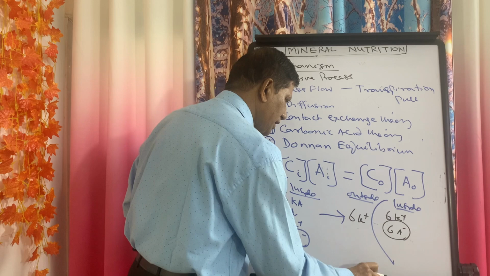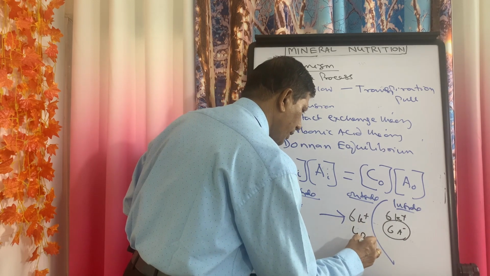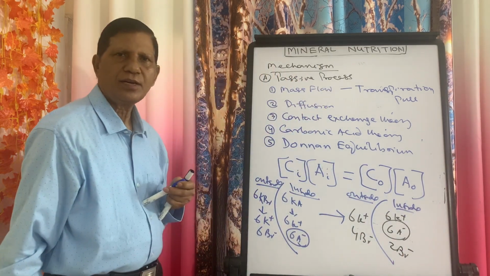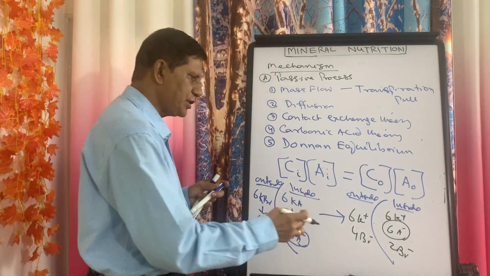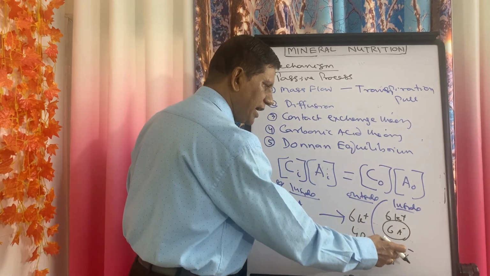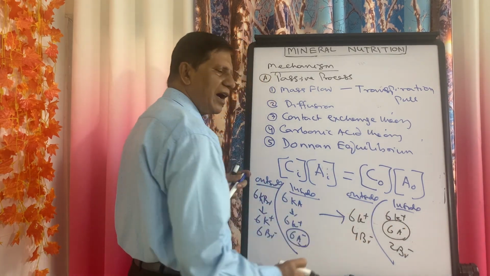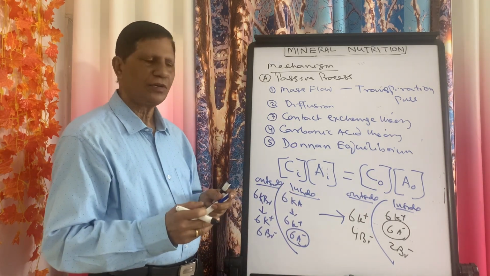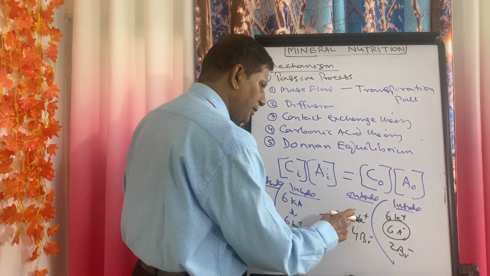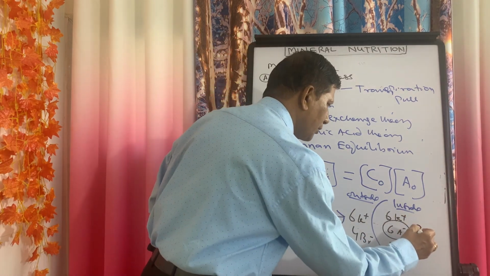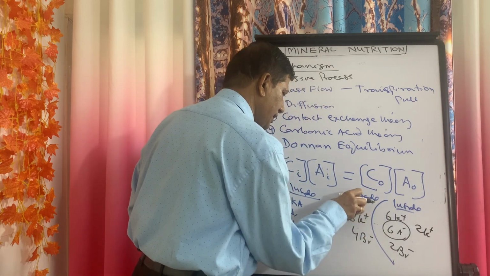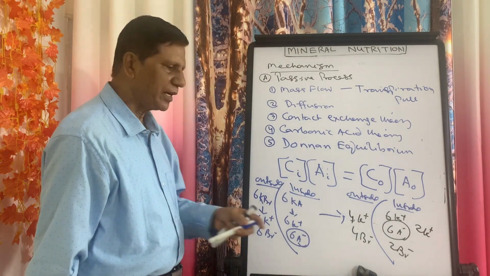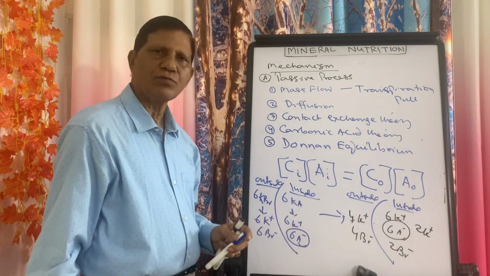But out of these 6 molecules, suppose 4 bromine molecules will be there and 2 bromine molecules will move to this side. So usually what should happen? Since 2 molecules of these anions are moving inside, then 2 molecules of this anion should come outside, but that cannot come outside because it is indiffusible. So in that case, what will happen? Out of these 6 potassium ions, 2 molecules will go inside. That means instead of 6, now it will be 4. Because this is indiffusible, it cannot come outside.